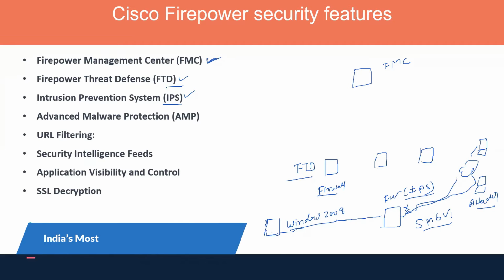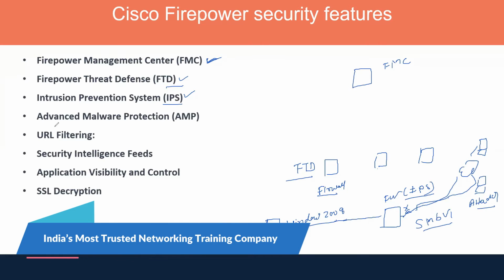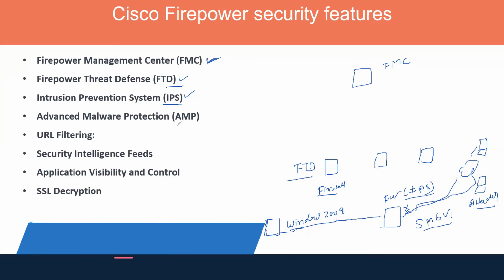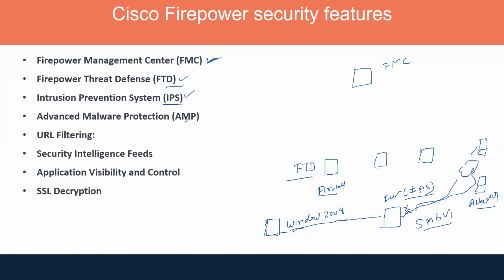We have advanced malware protection. This is one of the great features provided by Cisco Firepower, to protect against advanced malware. When I say advanced malware protection, your Firepower is able to identify any sophisticated malware.